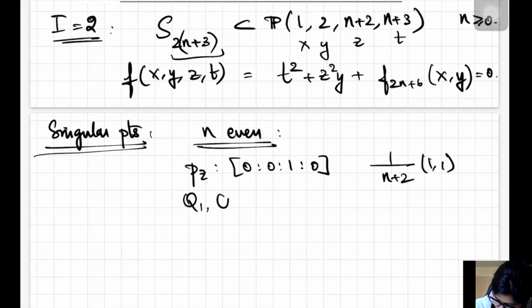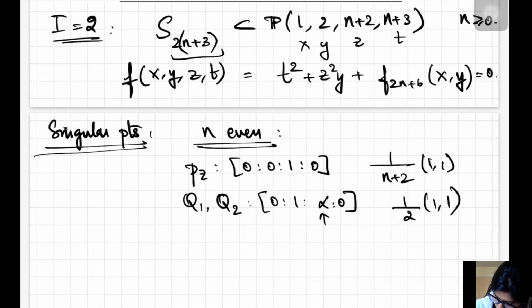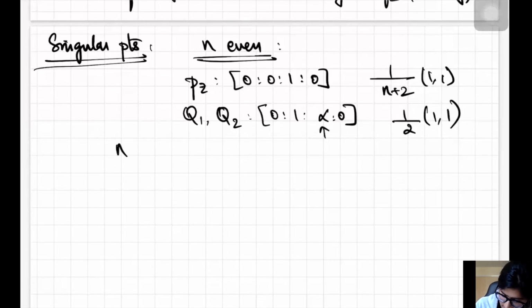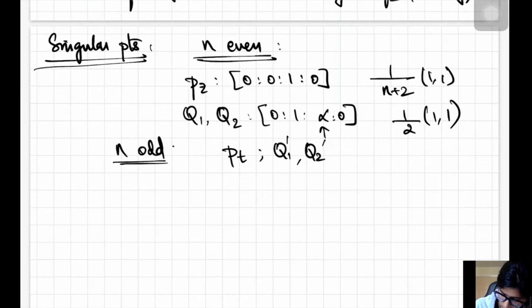And I have two more points, which are basically of this form for different values of alpha, but they are of type 1 over 2, (1, 1). Similarly for n odd, I have three such points: p_t, q_1, and q_2 prime, with similar types. This is of type 1 over n plus 2, (1, 1), and this is of type 1 over 2, (1, 1).